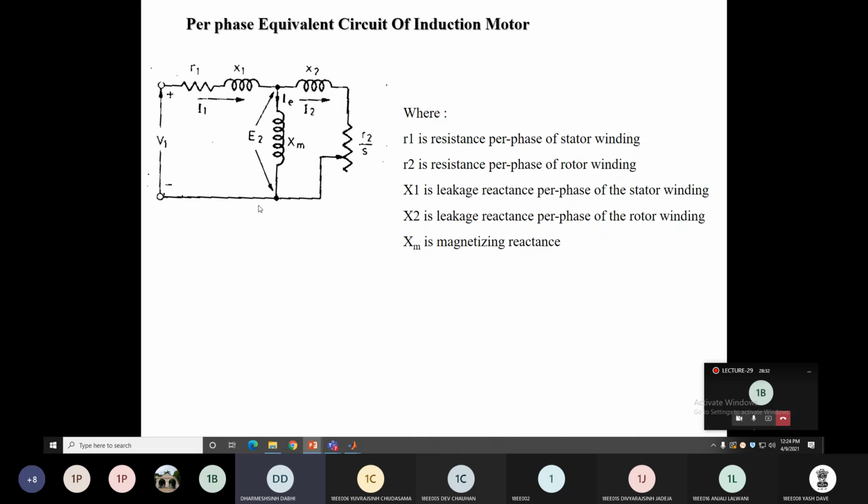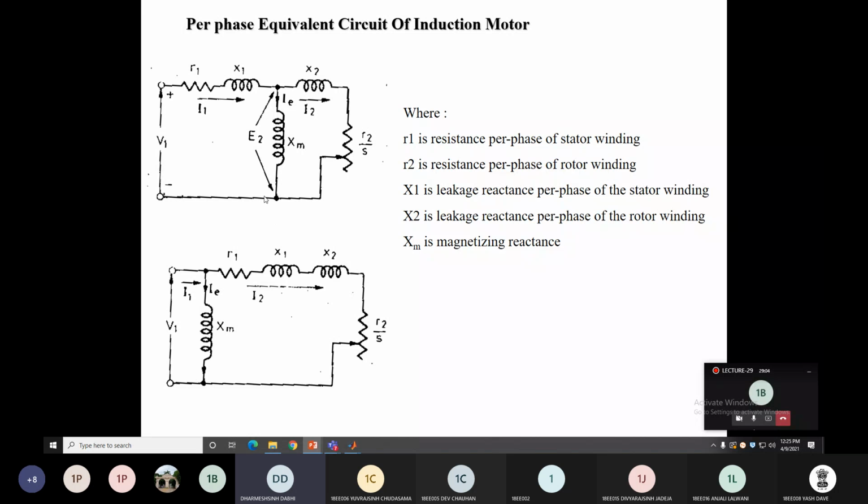But for simplification, if you assume that the input side resistance and inductance have a very low value, or are negligible compared to the rotor side, or that the voltage drop across R1 and X1 is very low or negligible, then the terminal voltage V1 at the supply side remains the same across the inductive reactance.